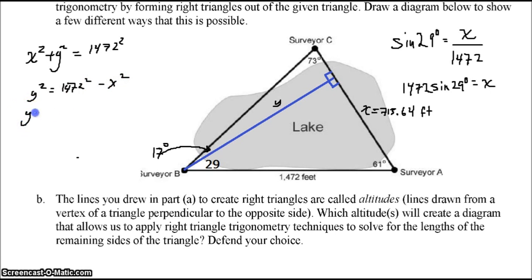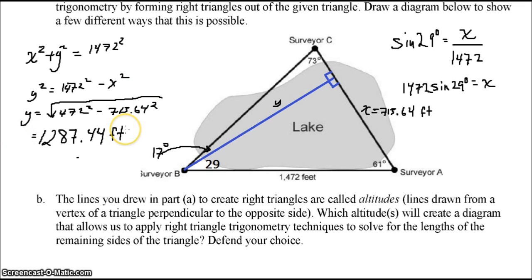That means y is equal to the square root of 1,472 squared minus x squared, and x is 713.64. And that's 1,287.44 feet.